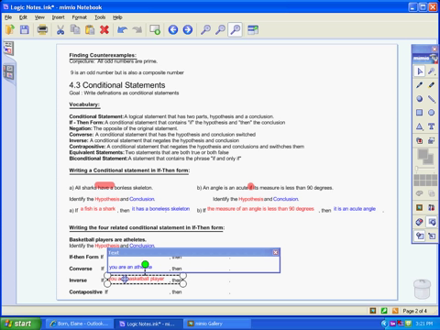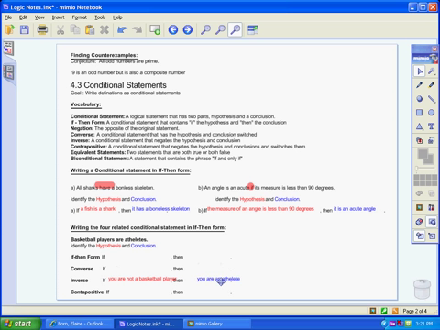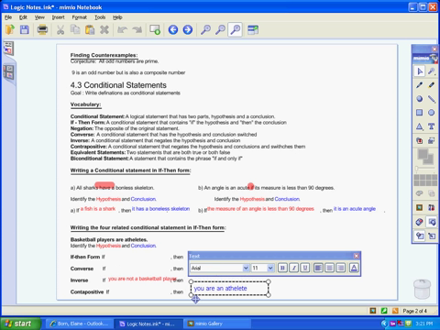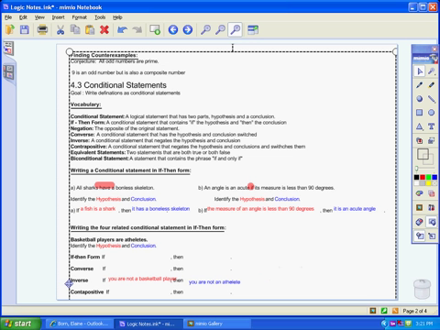And then we're going to change this to: if you are not a basketball player, then you are not an athlete. So you're just adding the word not to your hypothesis and conclusion.